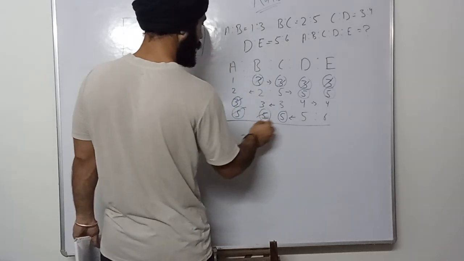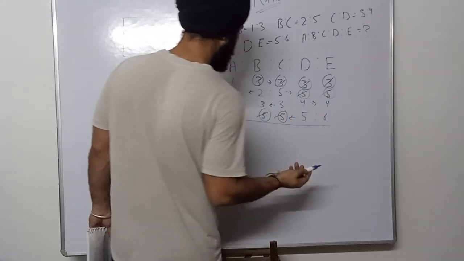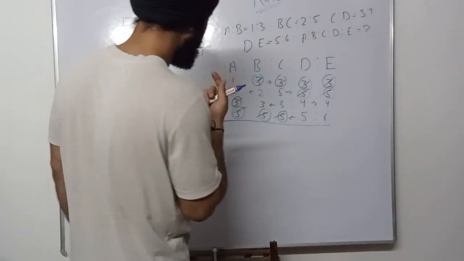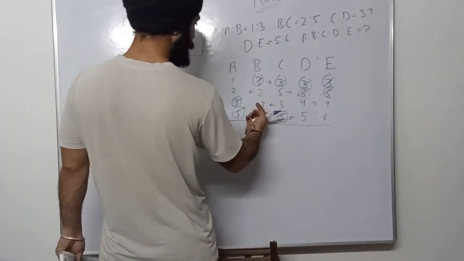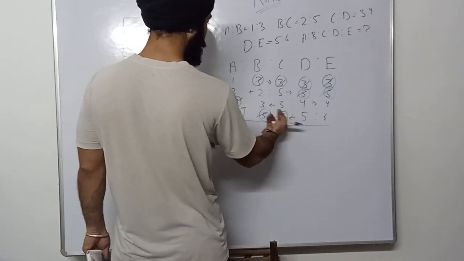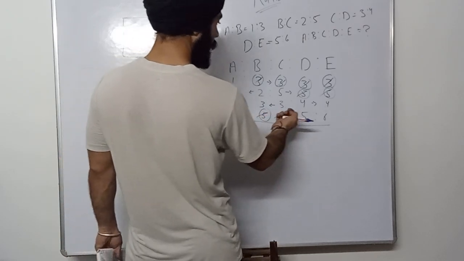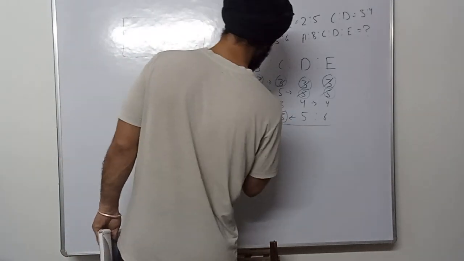So cut 5. Now 2 is here, not in this. 3, 3, not in 3. Nothing more. We have to calculate now.